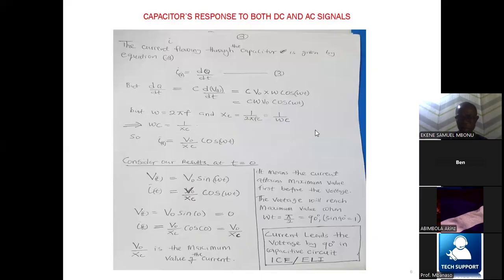I think it's good to know some of these things because I still remember that during our secondary school days, stuff like tan 45, cos 90, sin 90, sin 30, cos 30, sin 60, cos 60.